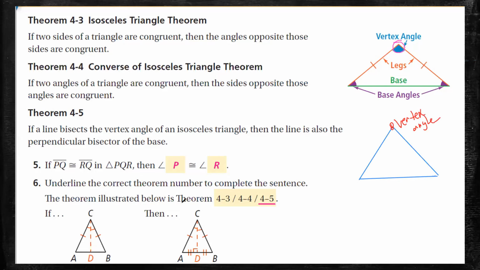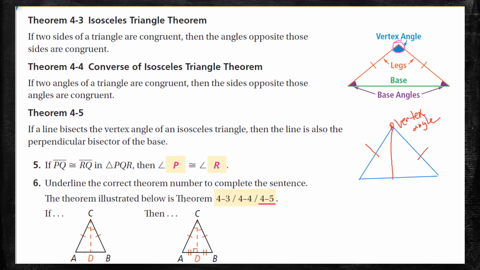Now, if you have a line segment, and I bring it here, this line segment comes from the vertex of the angle.